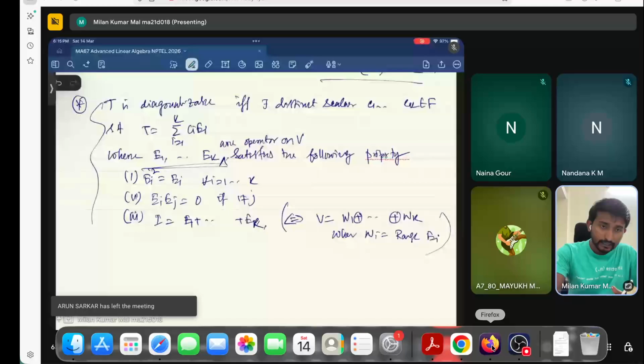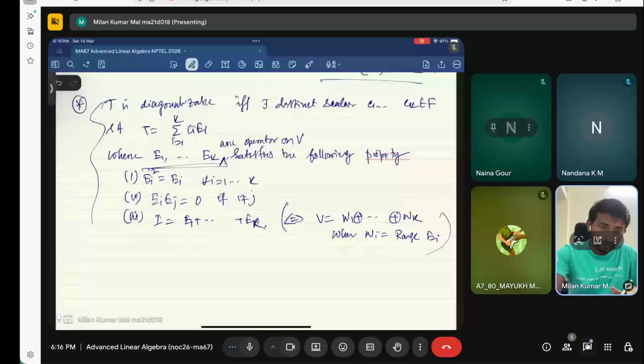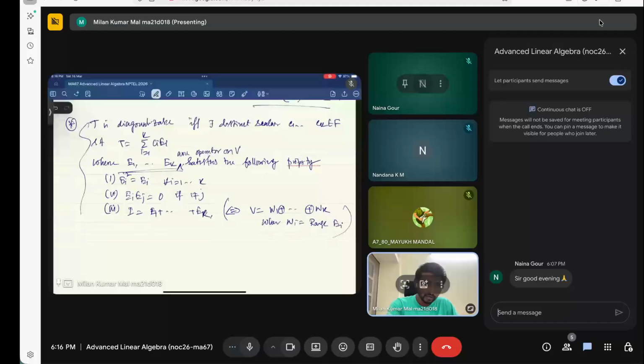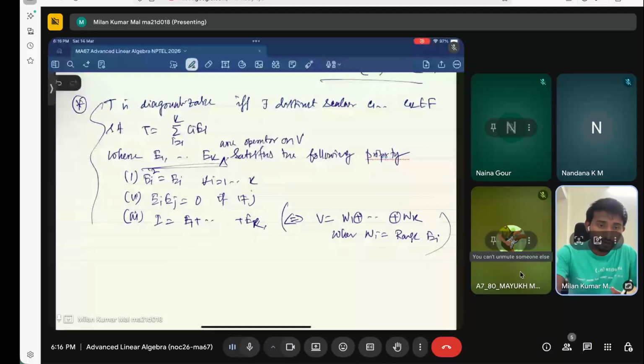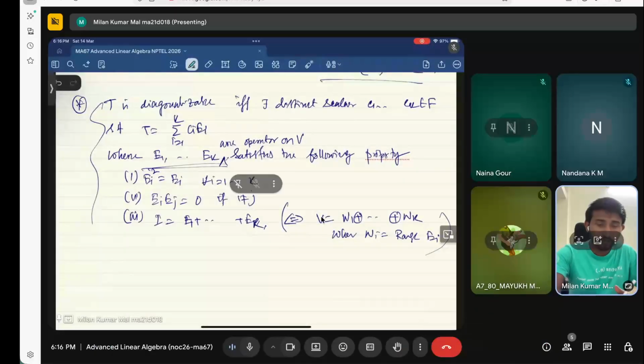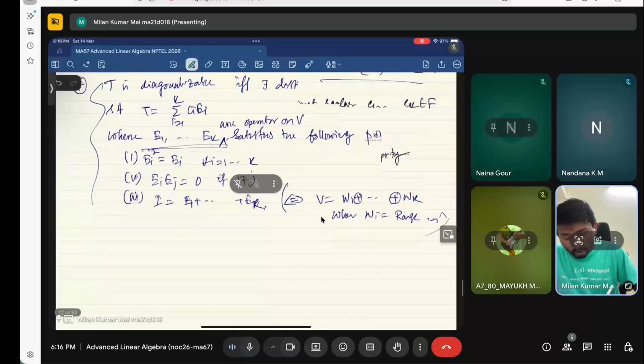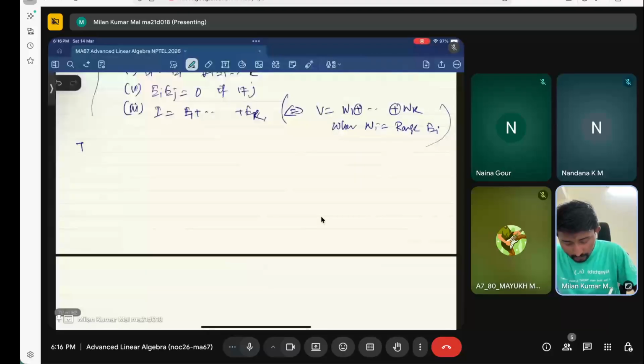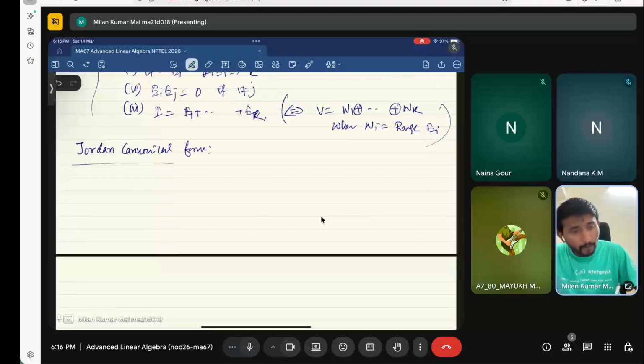So let's go back. Okay, let me write the Jordan canonical form basically. For that, I'll first write the Jordan canonical form, and then I'll go back to the problems. So the Jordan canonical form of a matrix.